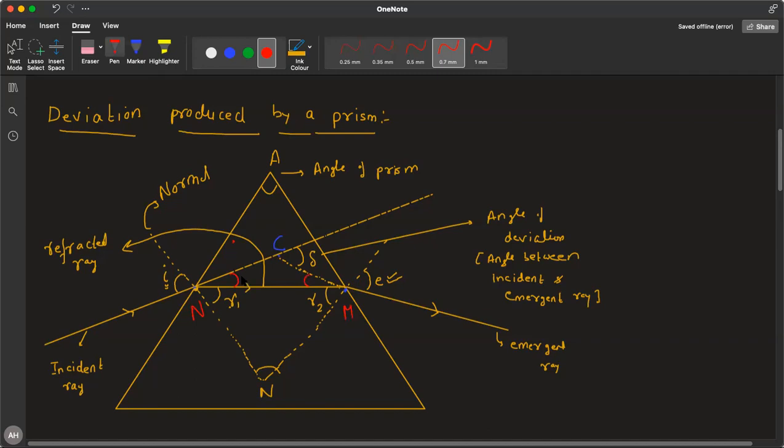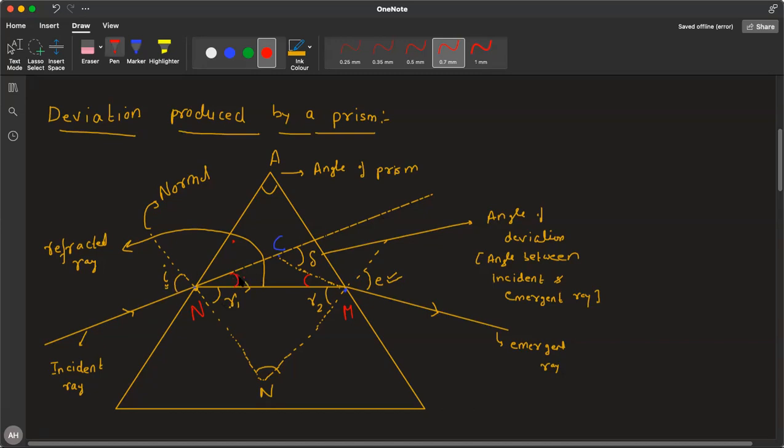How much is this particular angle? This whole is I, this is R1. How much is this? This angle, this is I, this is R1.